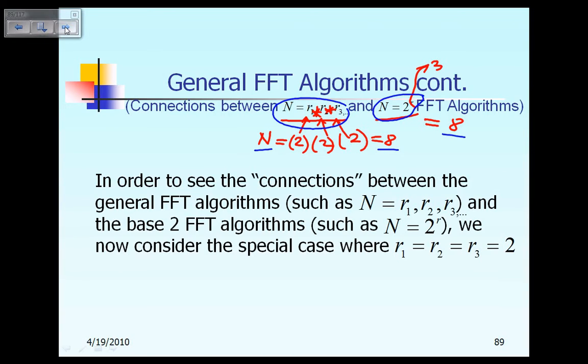In order for us to see the relationship between this general fast Fourier transform algorithm based on the product of R1 times R2 times R3, and the so-called base 2 fast Fourier transform algorithm, n equal to 2 raised to the power r, we consider the situation where R1, R2, R3 each equal to 2. Again, there's a typing error in here: n should be equal to R1 times R2 times R3.